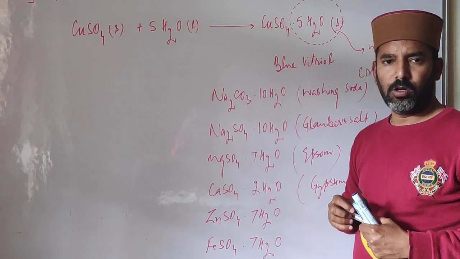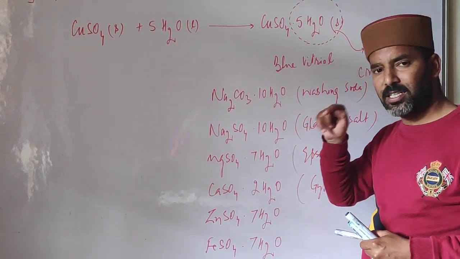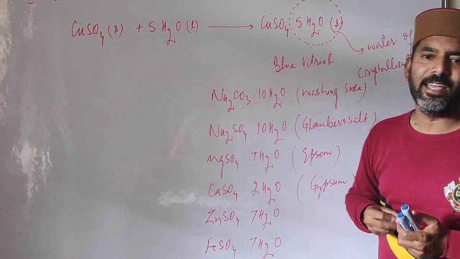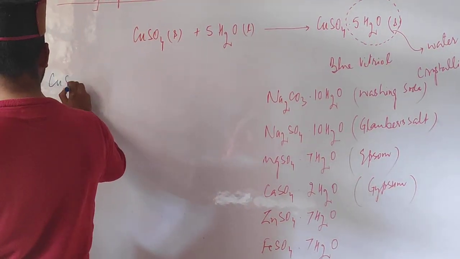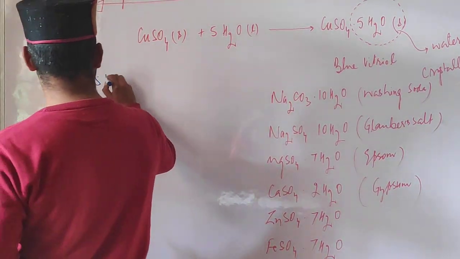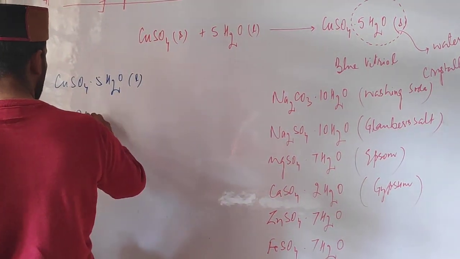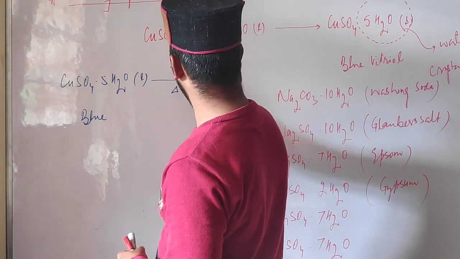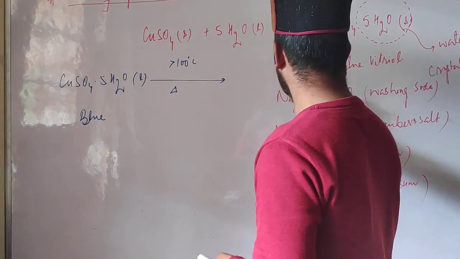Now students, please note this point, that this quantity of water is always in loose combination with the ions of the salt. Since the water of crystallization is in loose combination, it can be easily removed by heating. For example, when we heat copper sulfate crystals, which are blue in color, so this is blue vitriol, above 100 degrees Celsius, this quantity of water is removed.